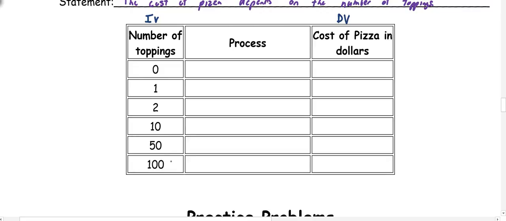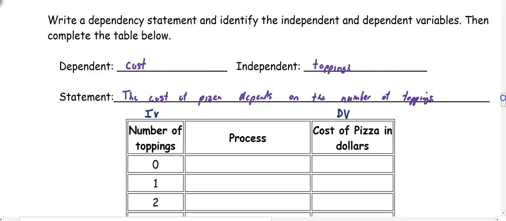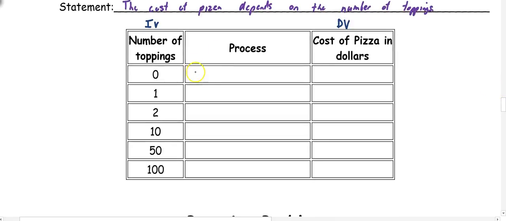So on our pizza, if the pizza costs $14, I have to pay $14 for the pizza plus $2.50 per topping. So if we get 0 toppings, our pizza would cost $14. If we get 1 topping, we have to add $2.50 for the topping, so our pizza would cost $16.50.